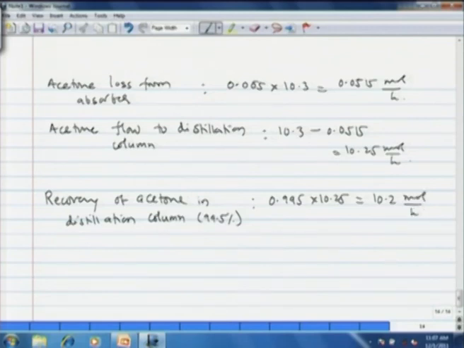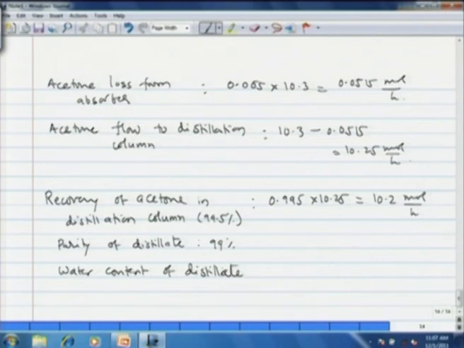Now, the purity of distillate, if we assume to be 99%, then the water content of the distillate can be immediately calculated as 1 minus 0.99 divided by 0.99 into 10.2 mole per hour is equal to 0.1 mole per hour.